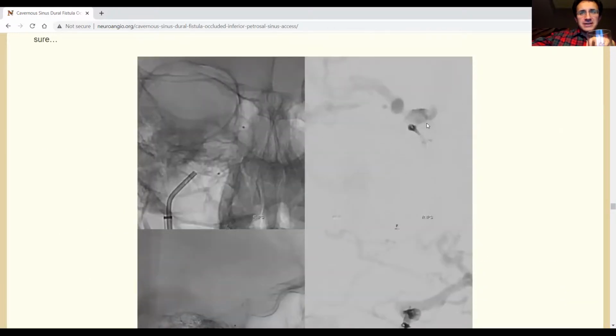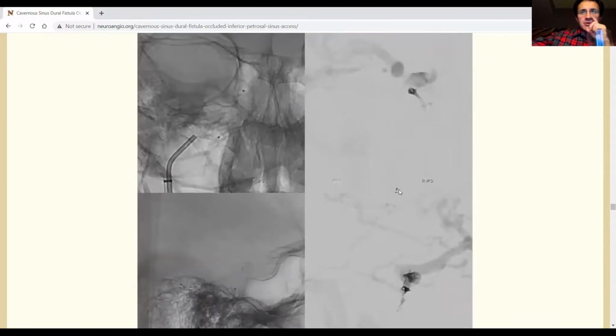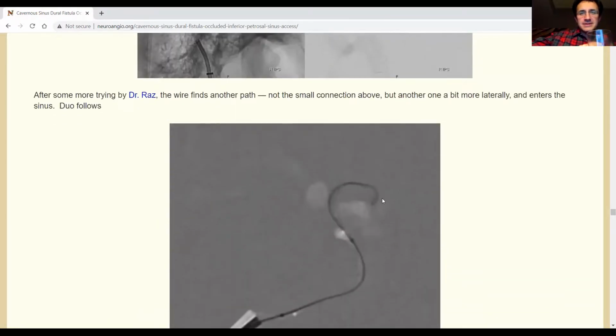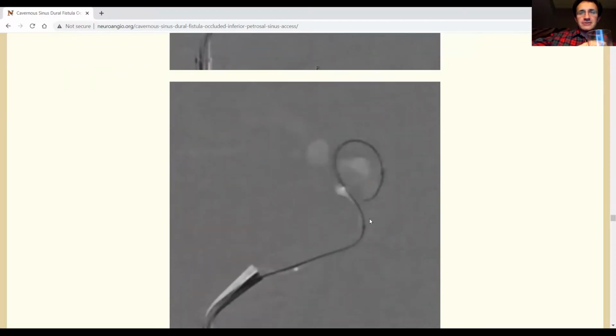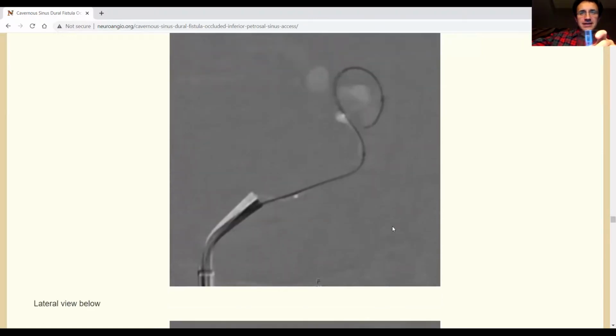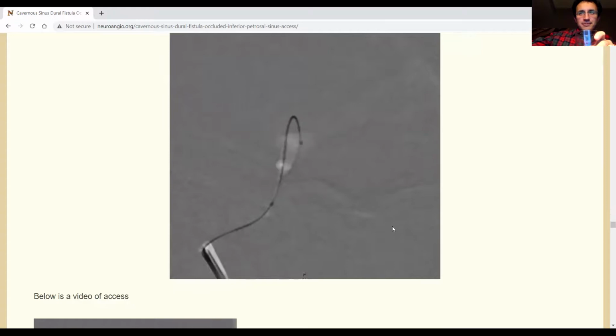You see this channel is more medially oriented, like say 2 o'clock. This wire is at 10 o'clock, to the spot. So it's yet another channel that was found. And so here we go. This is the lateral view, and here's the distal tip of the Headway. Heading home. So right here it is.